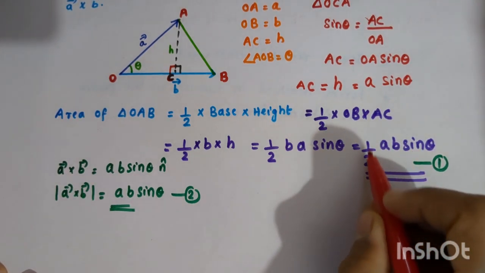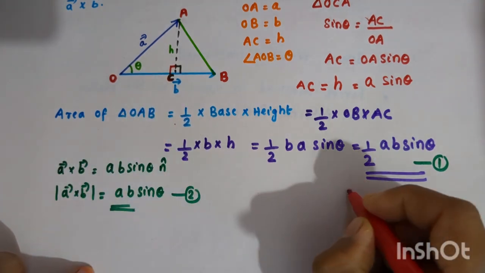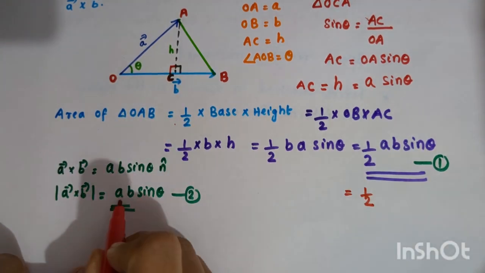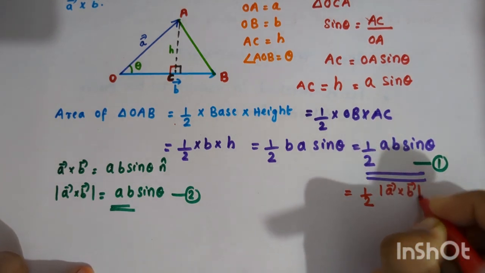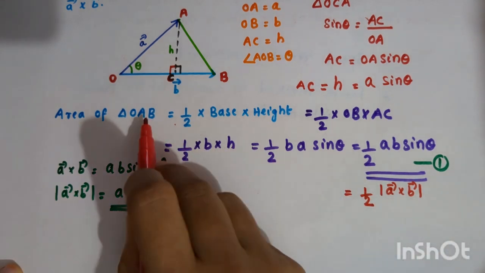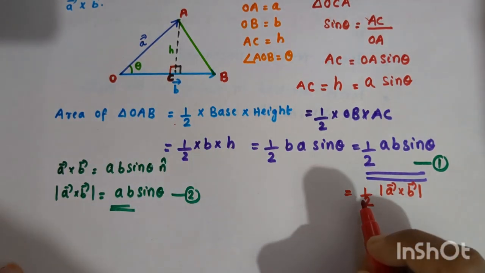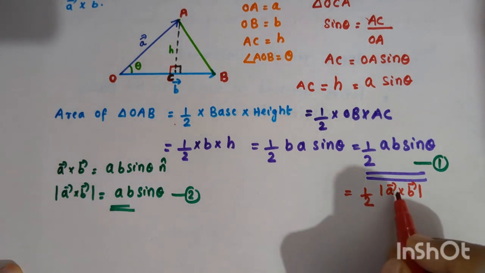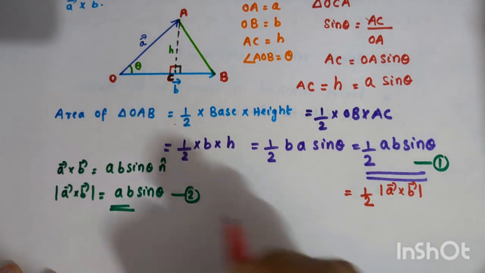So half AB sin theta, which is the area of triangle OAB, is equal to half of the magnitude of vector A cross vector B. That is what we wanted to show.